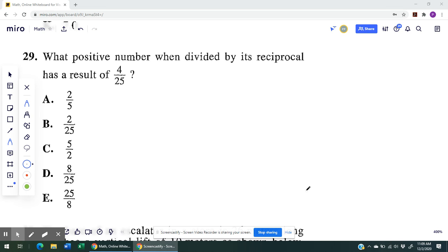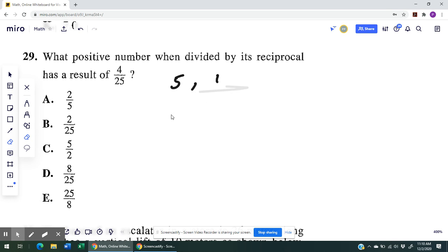A reciprocal of a number, say the number 5, is 1 over 5, because when I multiply these numbers together, I get a 1. So actually, this would be called a multiplicative inverse, would be another term for reciprocal.